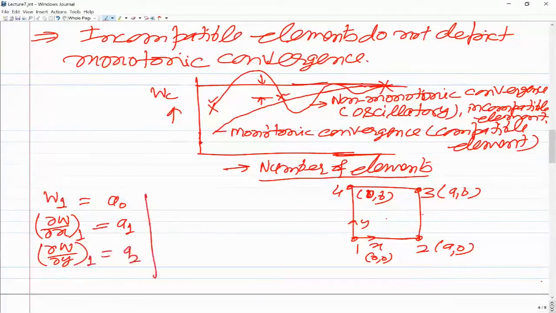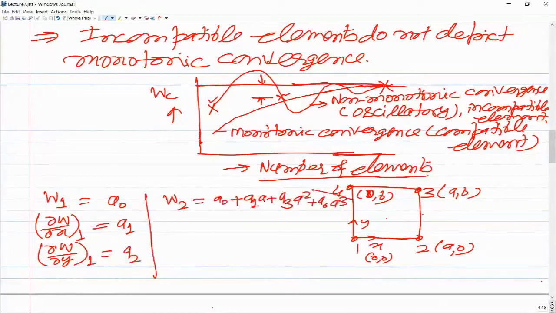Then for w2, in the expression for w, if you put x equal to a and y equal to 0, you get w2 as a0 plus a1 into a plus a3 into a square plus a6 into a cube.